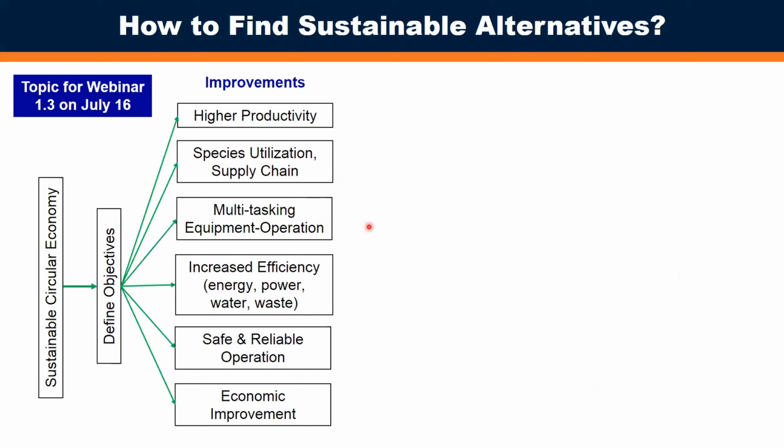We can look at using the equipment more effectively, increased efficiency when it comes to energy and water and so on. We want to make sure that we increase the safety and reliability of our process, and we want to improve the economic performance.